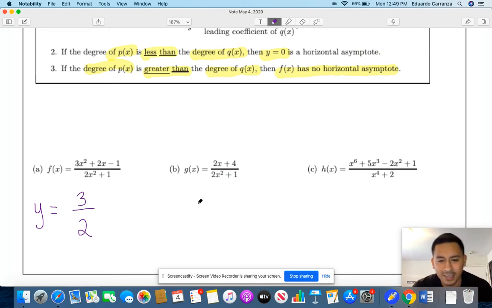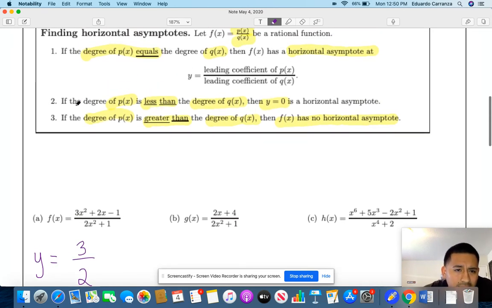All right, easy peasy. Now for B, we have a different rational function, 2x plus 4 divided by 2x squared plus 1. For this one, we can clearly see that the polynomial in the denominator is of a higher degree. It's of degree 2, and the polynomial in the numerator is of degree 1. So let's take a look at our rules.